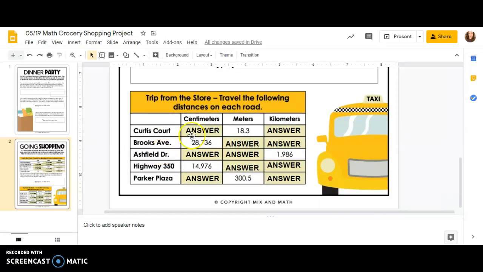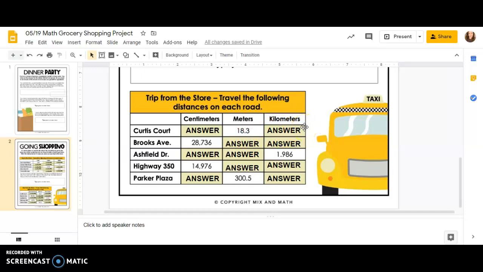Same thing with centimeters, meters, and kilometers. It's just kind of like what I just described above. Centimeters is going to be the smallest measurement. Meters would be the next smallest, and then the kilometers would be the largest in these 3 categories that we're looking at right now. So again, for centimeters, the number is going to be bigger than 18 3/10 meters, right? And then for kilometers, the number is going to be smaller than this because this is a bigger measurement. It's not going to take as many kilometers to get to this number, right?